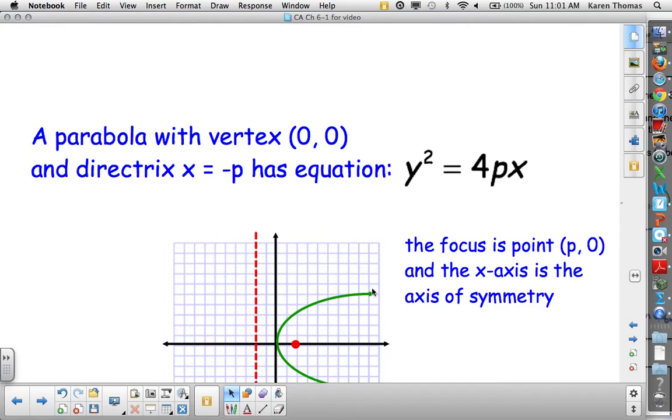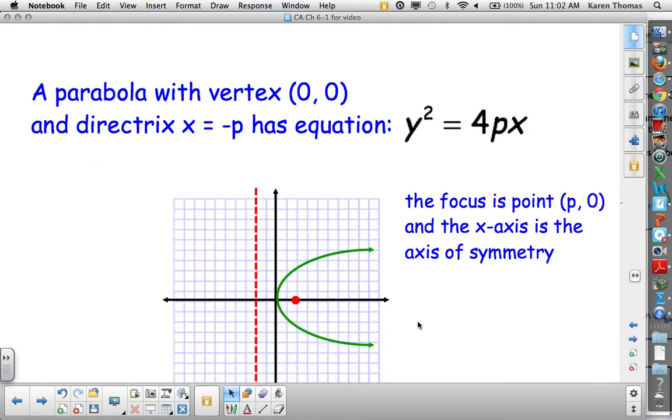A parabola that's on its side. Now we're going to work with these. Before, in Algebra 2, we worked with parabolas that opened up or opened down. Now we're going to work with parabolas that also open left or right. Please notice that the vertex is still 0, 0, but what has changed in our equation is that it's now y squared equals 4px, and my directrix is x equals negative p.